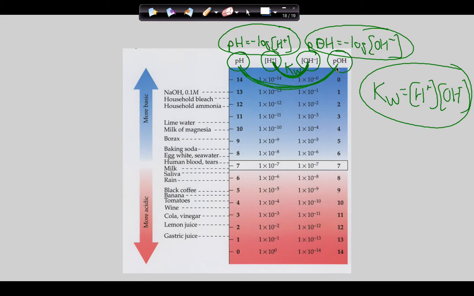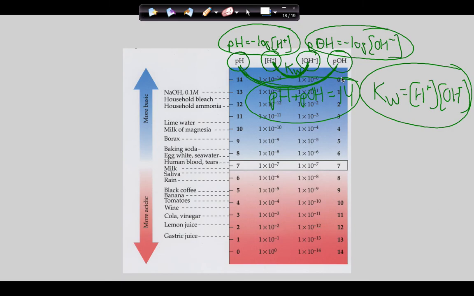The pH, 14 and 0, 13 and 1, 12 and 2, 11 and 3, 3 and 11. The pH plus the pOH, and again, I don't know how to make this stand out, always adds up to 14. And if you're bright mathematically, forgive me, that's horrible, but if you can't see this, it doesn't mean you're not bright, because I don't see it.